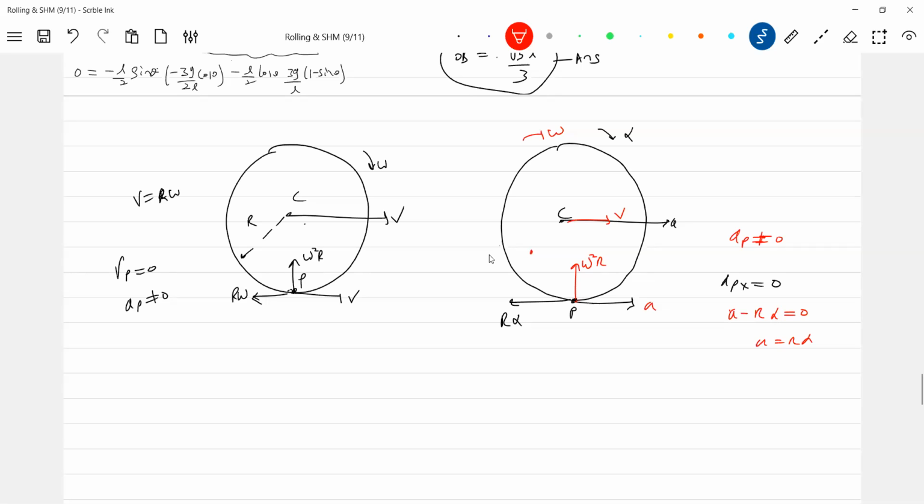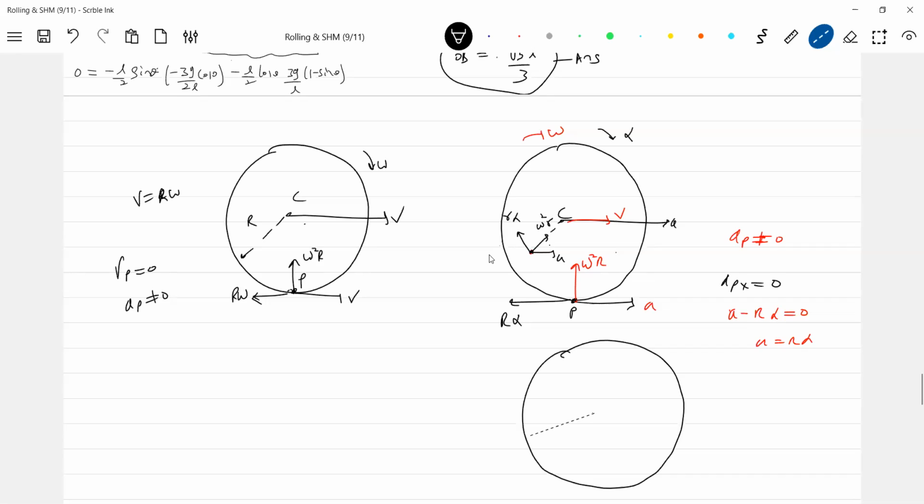Can we search for a point on the rigid body where acceleration will be zero? Let's take this point. This is having A, this having R alpha, then centripetal acceleration, omega square R. I think not possible here. Then what about here? This is A, this is R alpha.